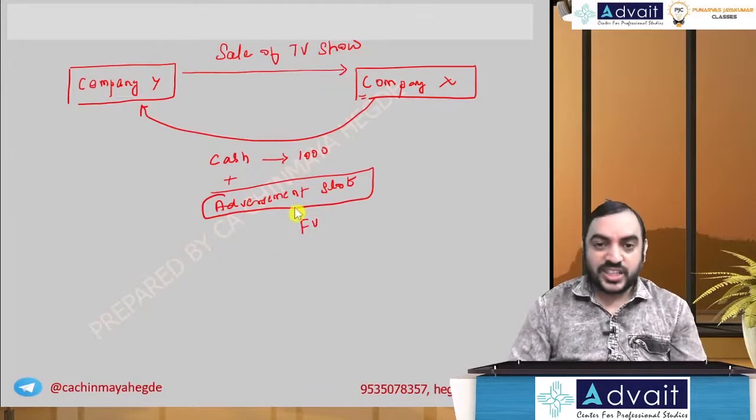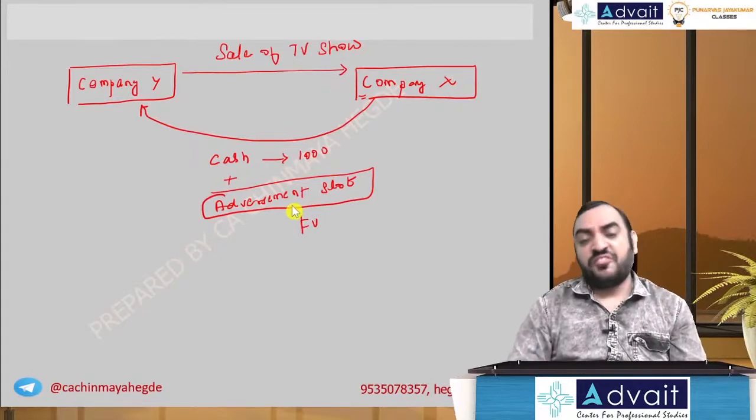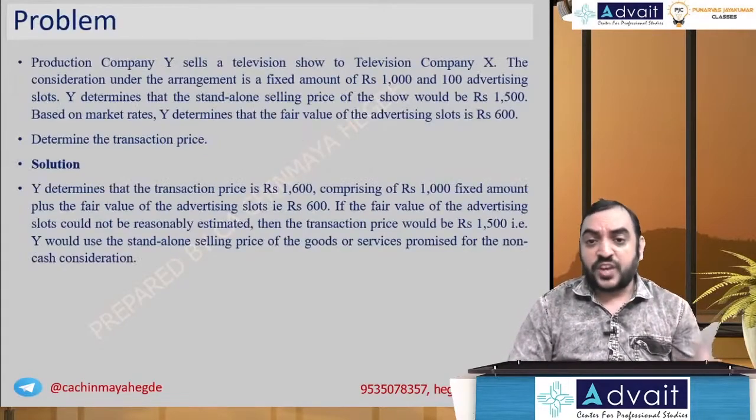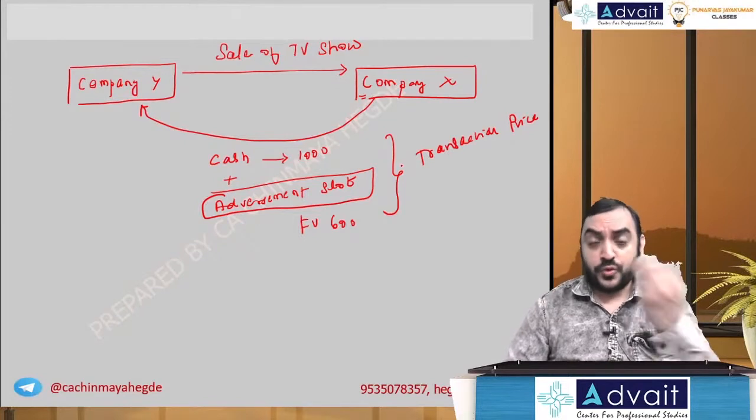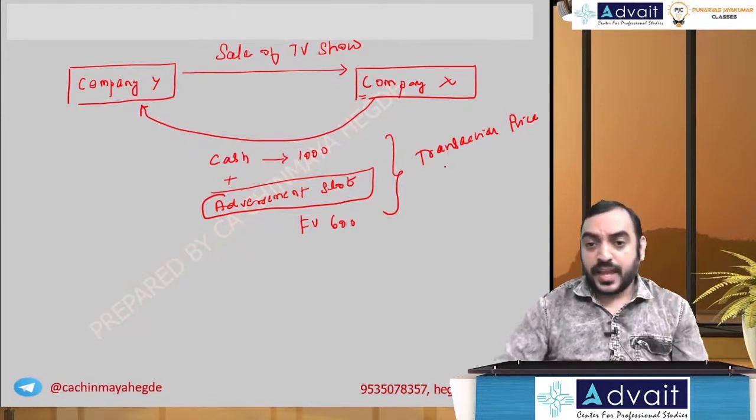Basically, a barter transaction should be valued on a fair value basis. So what is the fair value of the advertisement slot? 600. Therefore, you have to value the transaction price. From company Y's point of view, the consideration receivable is a total of 600.